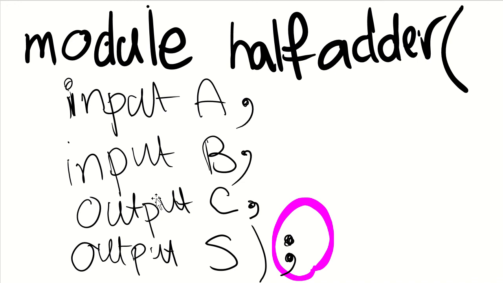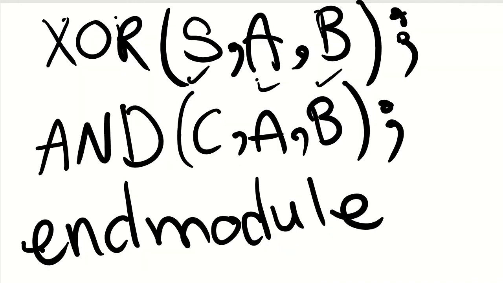So another thing that you should remember is that you start with outputs for your small modules. Okay. So the first element specifies your output. The remaining ones are inputs.